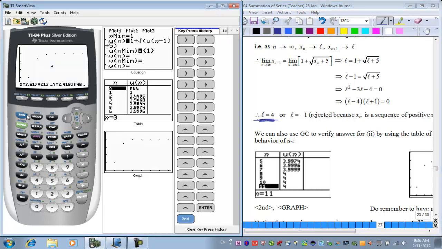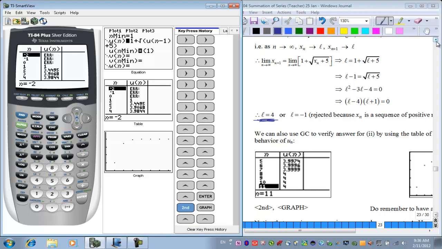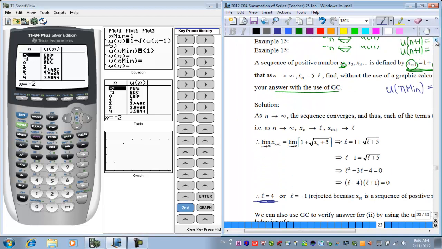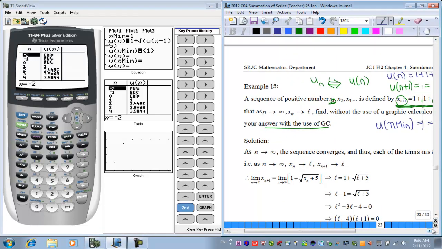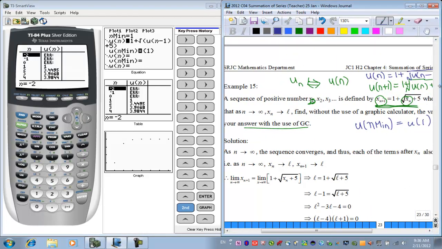Now for those of you who are not so comfortable with your graphical interpretation, what we can also do is look at the table. Now you see that for negative values of n, we see an error in the table. Why is this? This is because I told my calculator that n minimum is equal to 1. So now my calculator is telling me, hey, you told me that the smallest value of n is 1.